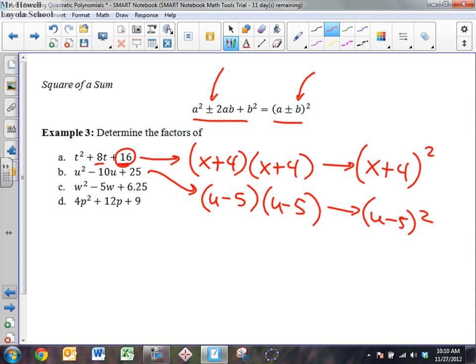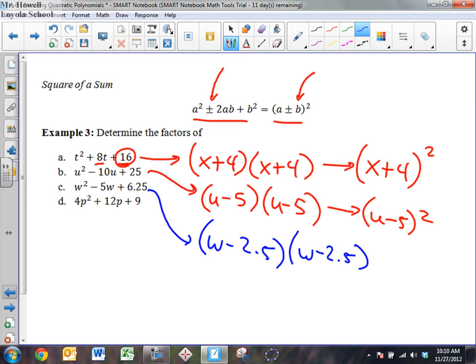The middle one. Based on the pattern that we're working with here, what might you suspect it is? I see that it is w minus 2.5 squared. Yes, w minus 2.5, and this is a tough one because they're not whole number and half answers.